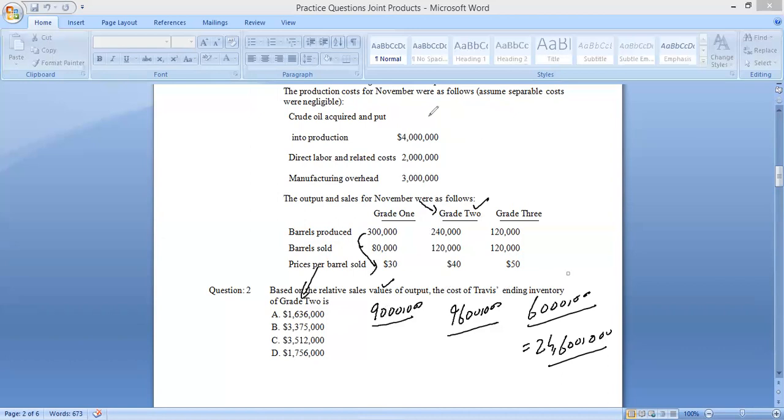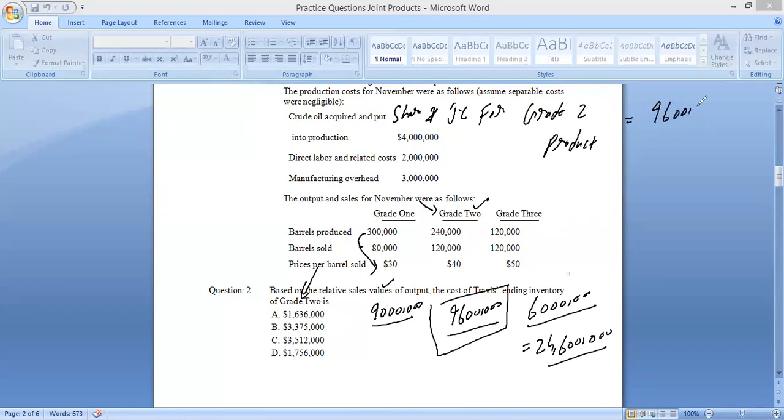So how to get it? Share of joint cost for grade 2 product is equal to the sales value of grade 2, which is 9.6 million, divided by total sales value, multiplied by joint cost.